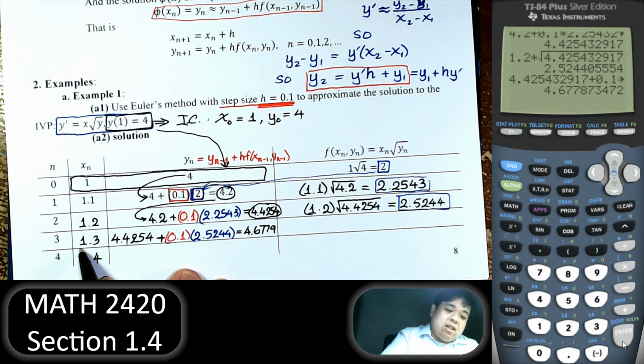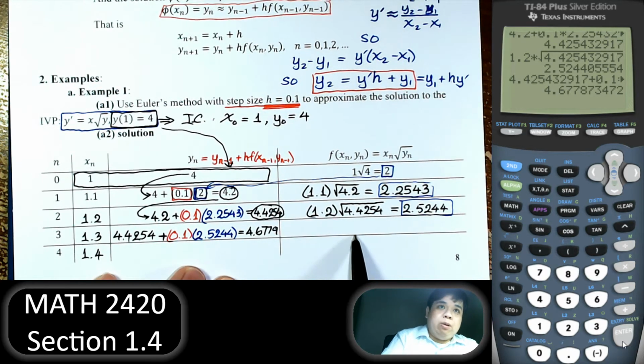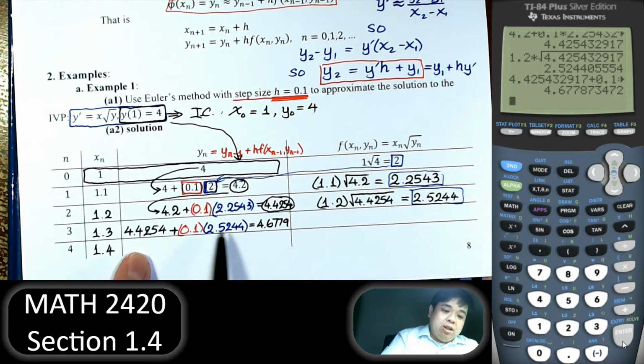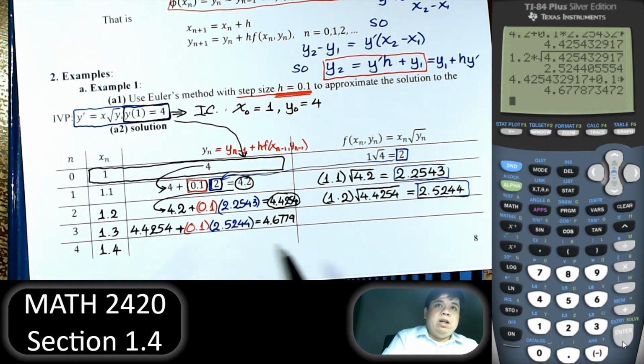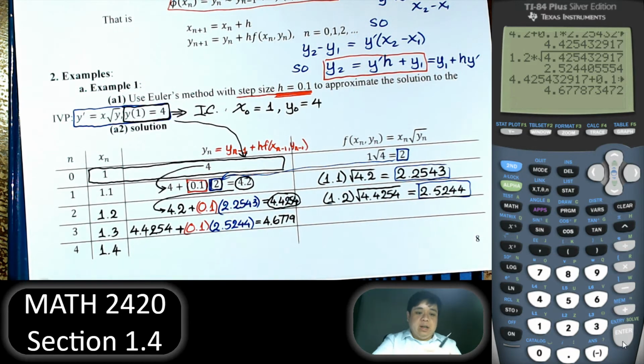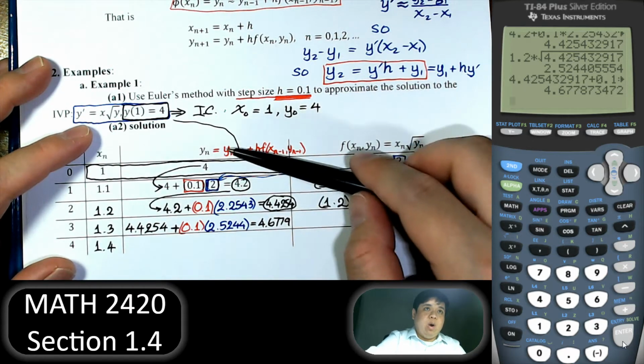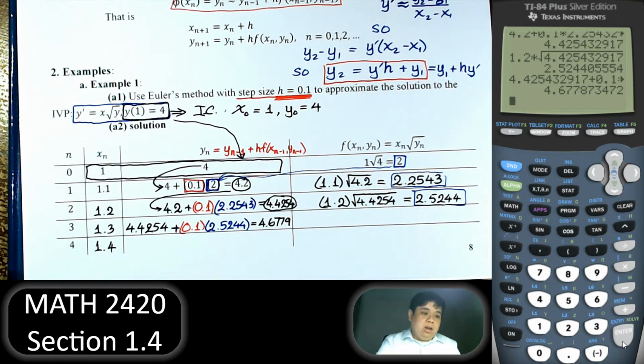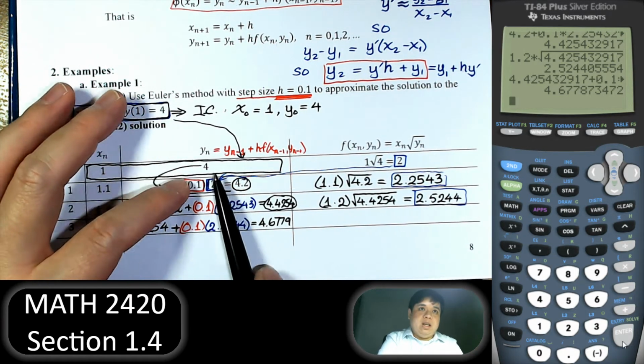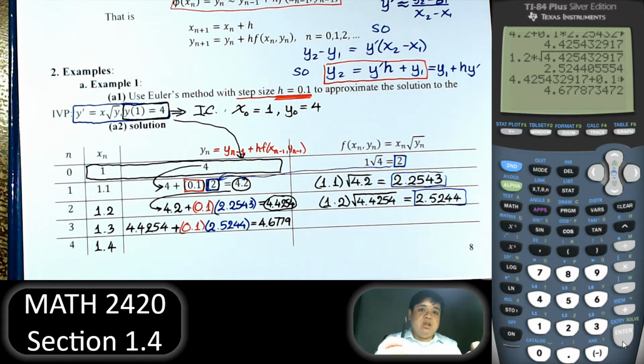And then with the x and the y values, you can calculate the slope, and then we have the old values plus 0.1 times the slope, and we just keep doing this recursively, and we will generate the table of x and y values. So those are the solutions. When x equals that, y is approximately equal to that, and then we just keep doing that to generate the rest of the table. So that's nice and all.